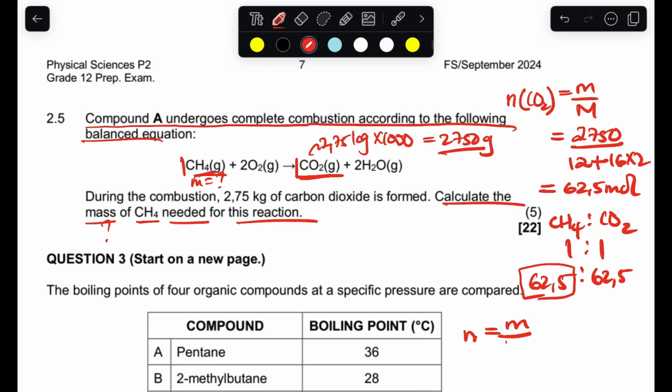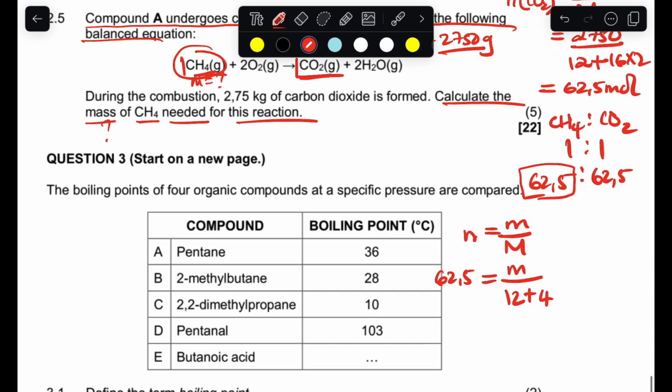Number of moles is mass over molar mass, right? So it's 62.5. The mass, we want the mass, and the molar mass of the methane is what? It's 12 for carbon plus 4 hydrogens. So if you punch that in the calculator, the mass of what?